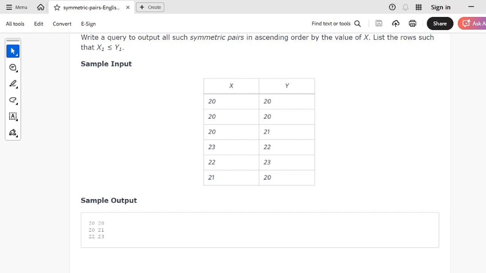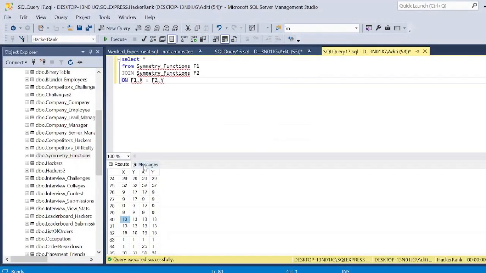So how can we do this? We are self joining this table, the symmetric function, with itself, and we are joining it on the basis that the x of the first table will join on the y of the second table.